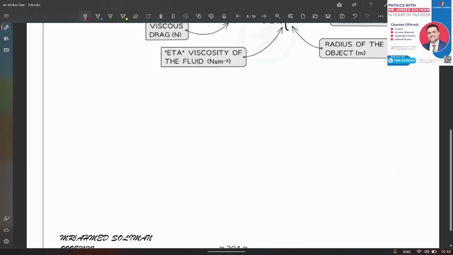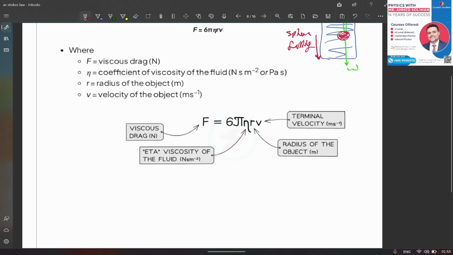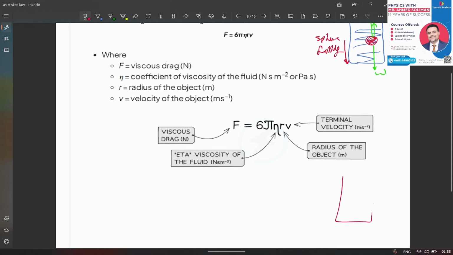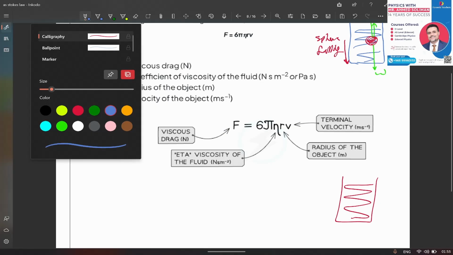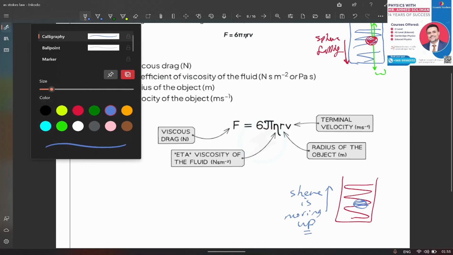But if the sphere is moving upward, it's the opposite. So for example, now if the sphere is moving like this, this is the liquid and this is the sphere, and the sphere is moving up, or accelerating upward. Now, how can we draw the forces affecting the sphere?